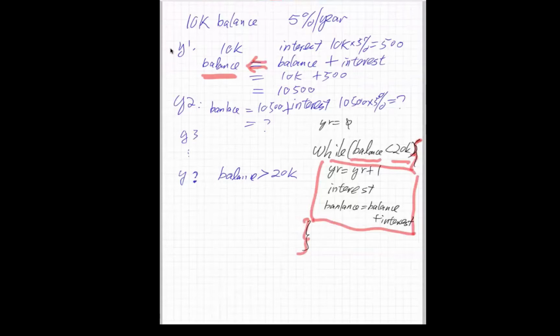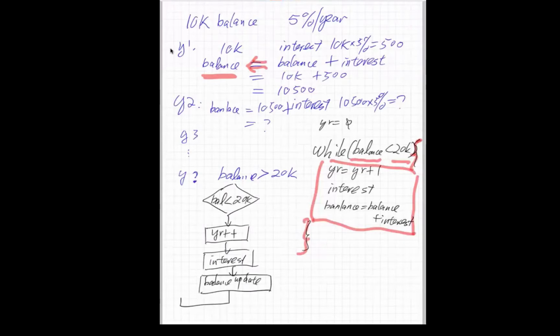We can also write a flow chart of this. The flow chart will use a diamond shape, saying: is the balance less than $20,000? If it's true, our year will be incremented by 1, and then we calculate our interest, and then we update our balance.